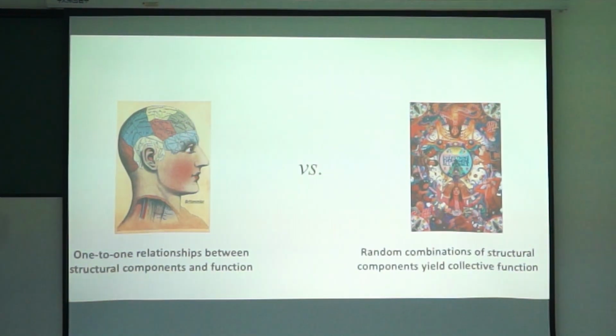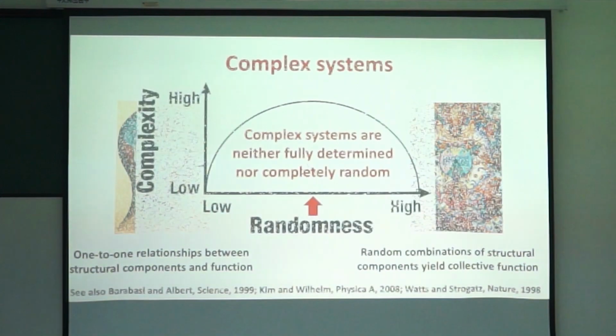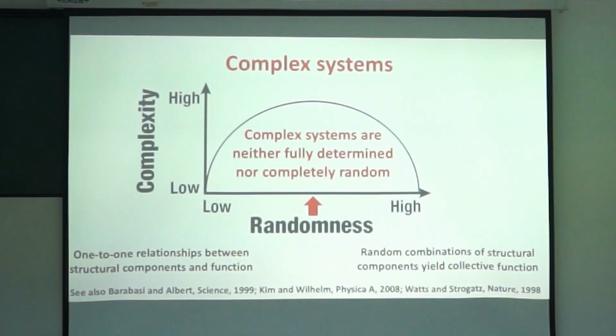Like pretty much any controversy in biology, the answer always lies in the middle. And it turns out in this case, there is a specific name for that answer. The one-to-one relationship between structural components and function would correspond to a low level of randomness, where there is a completely determined relationship between the structures and the function.